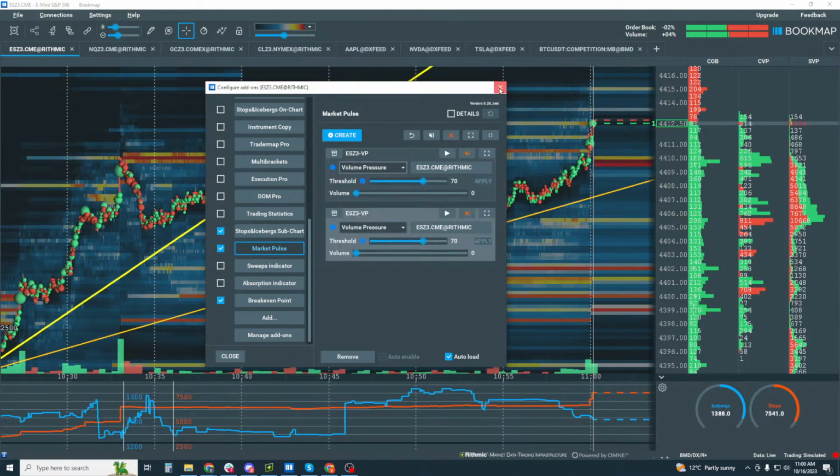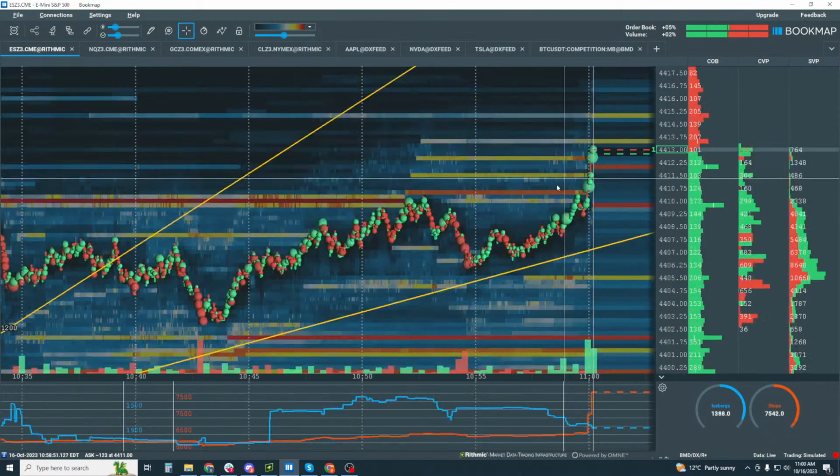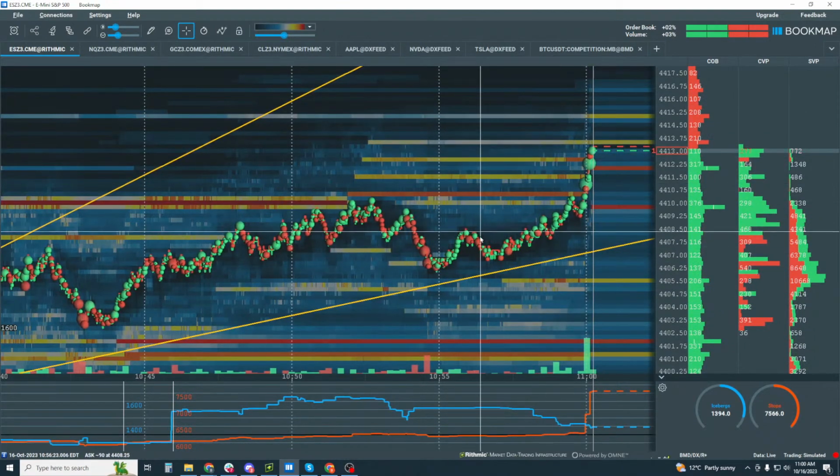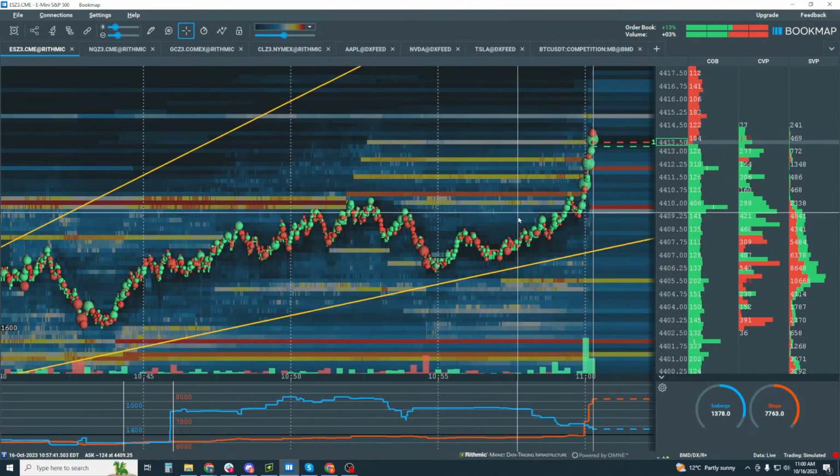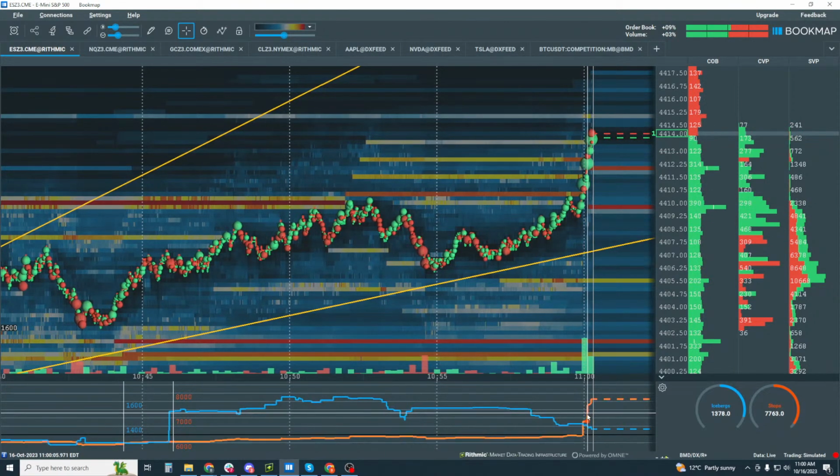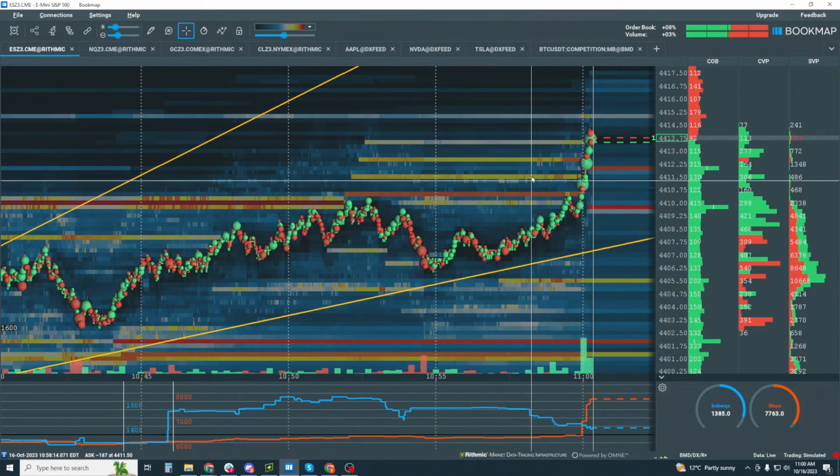Again, nice. This is a nice move here, right? Again, pretty hard to kind of judge in here, looking for it. But also again, a really huge stop run here to the upside.